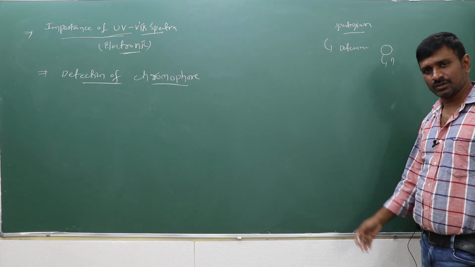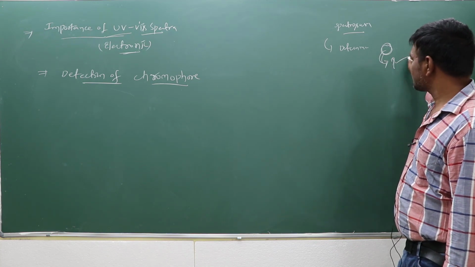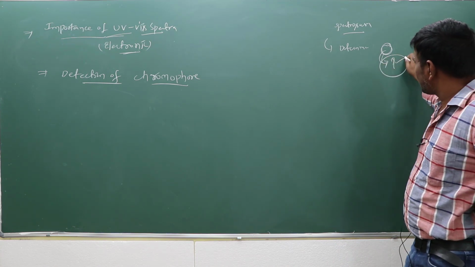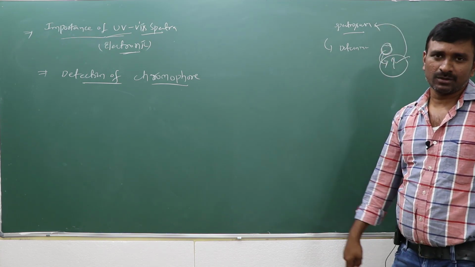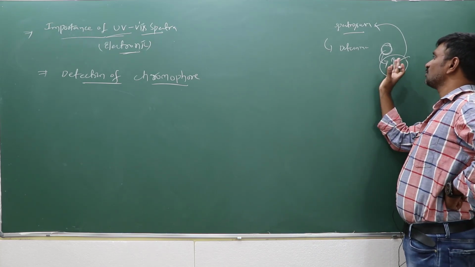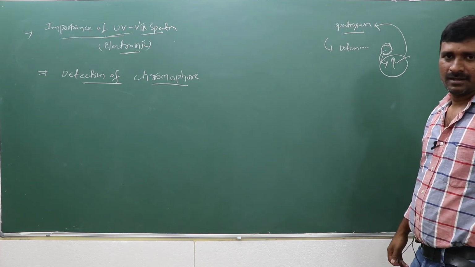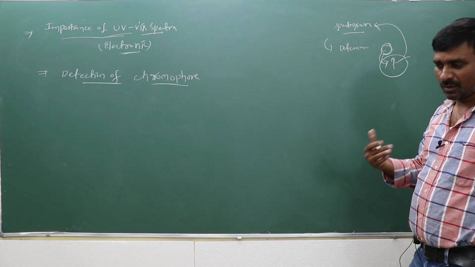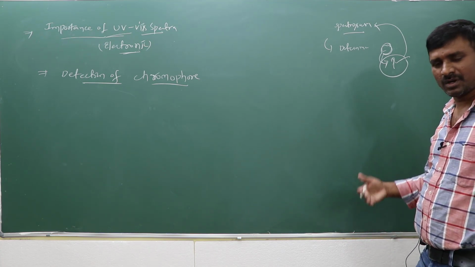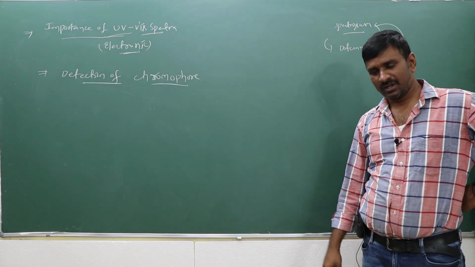So for an unknown sample, structural elucidation is first important, and the structure is determined by using spectroscopy. Once you know the structure, you get the properties of that compound, such as whether it is optically active or inactive, and many other properties. During structural elucidation, one type of spectra will give one type of information.